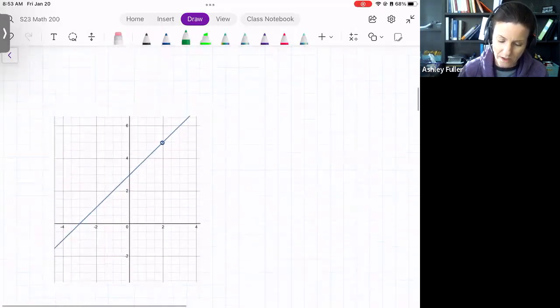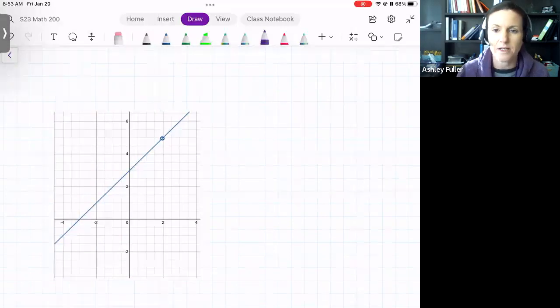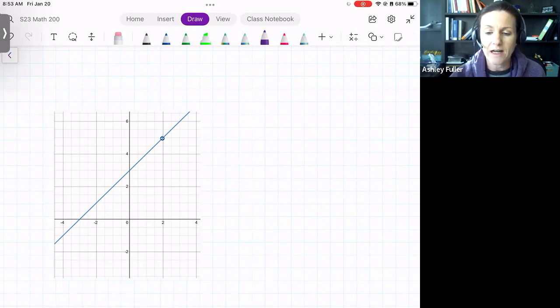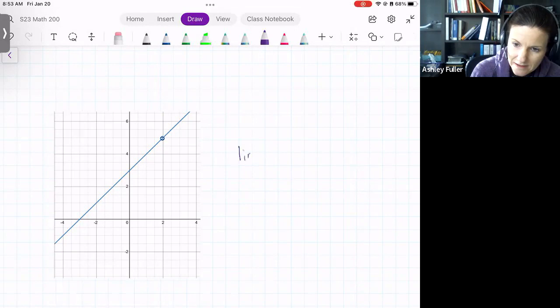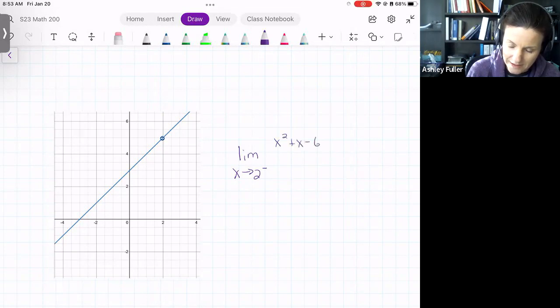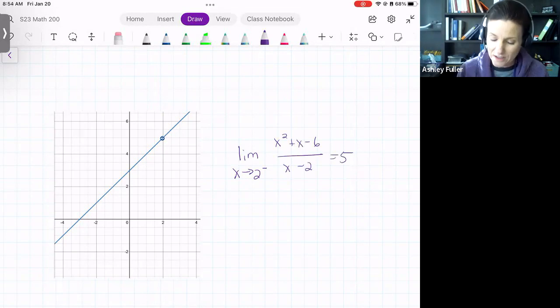Let's look at it a little more graphically here. This is a picture of the actual graph of that function. And again, terminology-wise, we are going to write that as the limit as x approaches 2 from the left of x squared plus x minus 6 over x minus 2 is 5. Again, 2 itself is not in the domain, but the value of the function gets very, very close to 5.